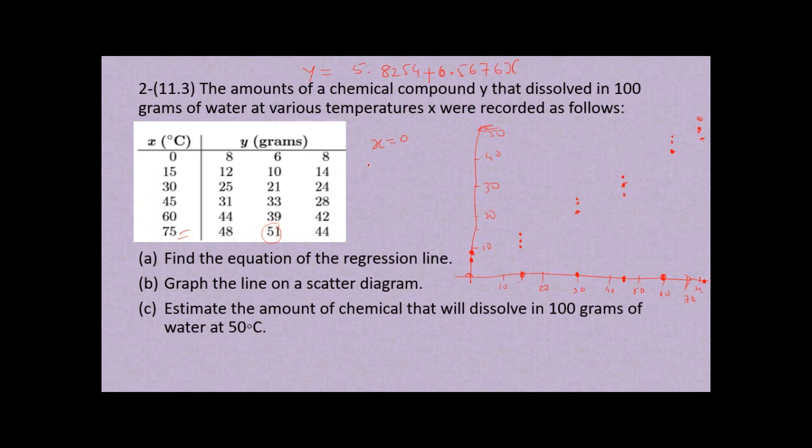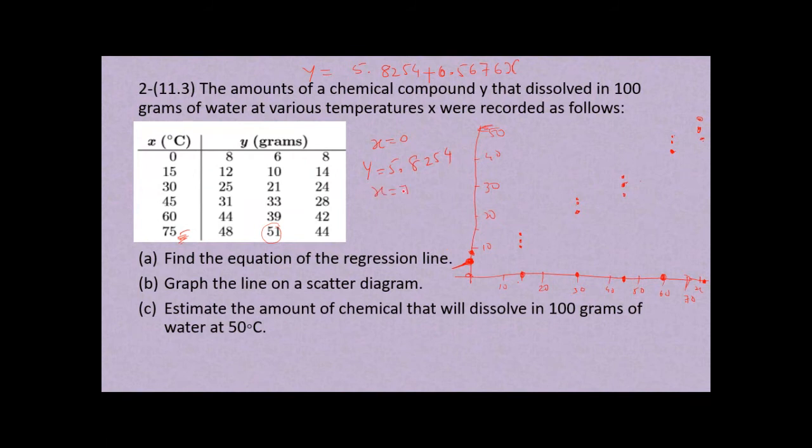When x is 0, y is 5.8254. I want to give the maximum value for x to get another end of y. So y is something 5.8, very near to 6. In the y-axis, when x is 0, you are here near to 6. This is the first point of the straight line.